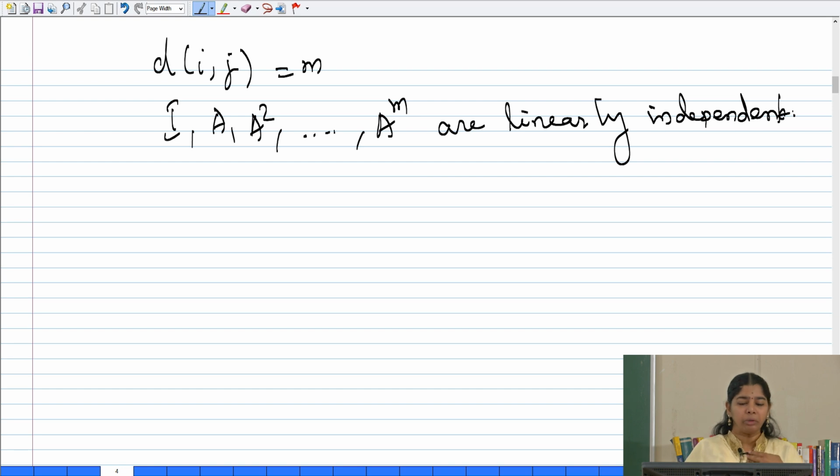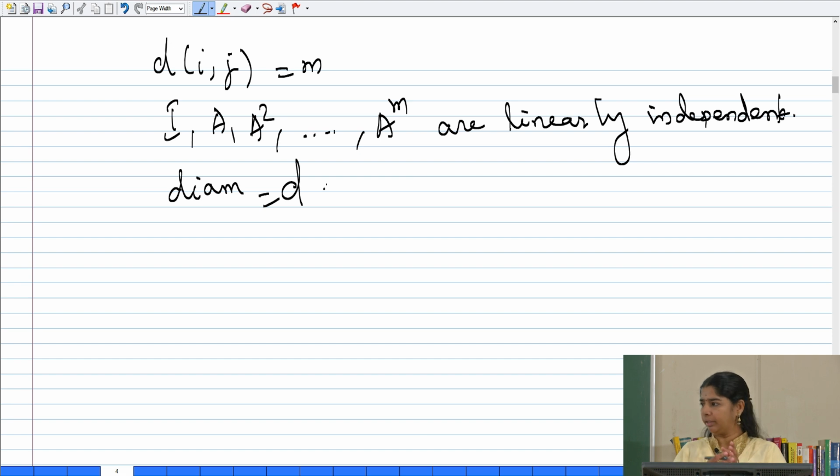The next result that followed was this: if we are given a graph G with k distinct eigenvalues, then k is greater than d, where d is the diameter of the graph. In the proof, I said something related to rank, but what I meant was, suppose my diameter is d, then we will have at least d plus 1 linearly independent powers, A square and so on up to A power d.